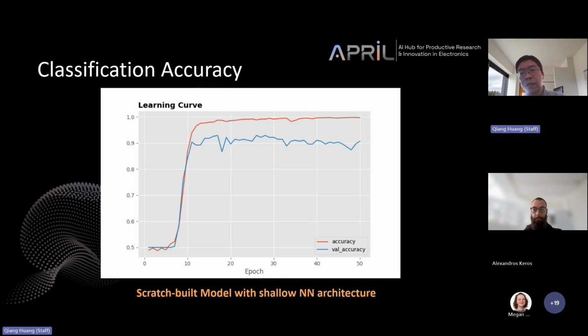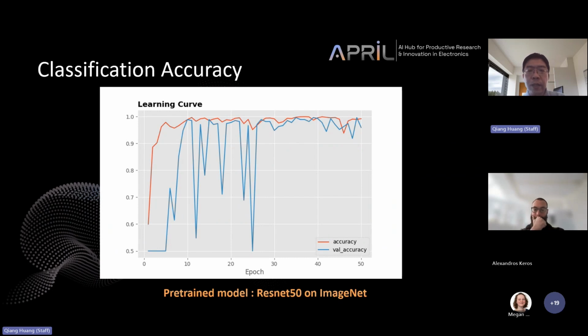For training, certainly it's quite good. For testing, after 50 epochs, the accuracy can reach about 90%. This slide shows the performance after using the pre-trained model. The pre-trained model we used is ResNet 50, which is trained on ImageNet 1000.